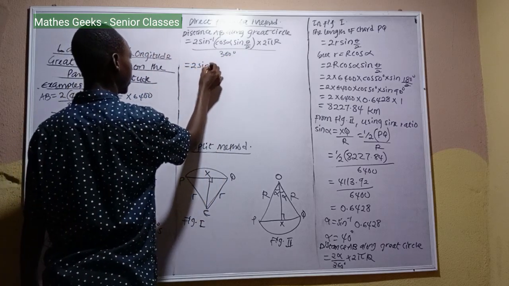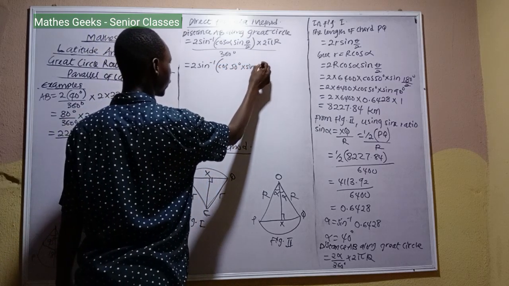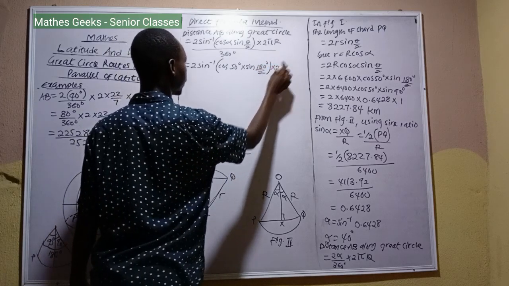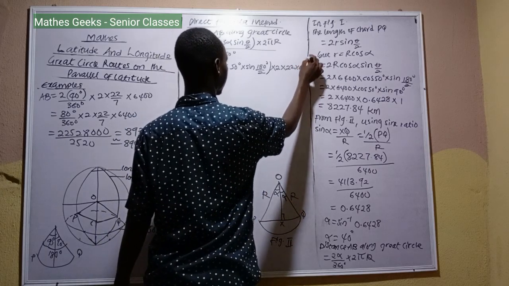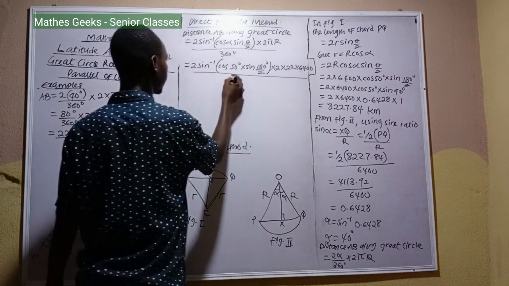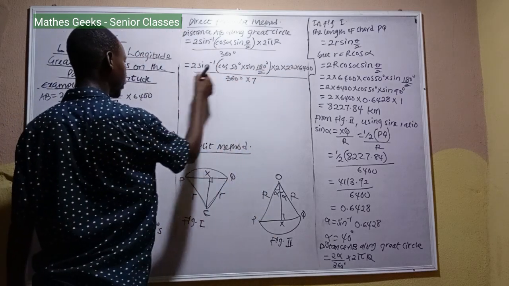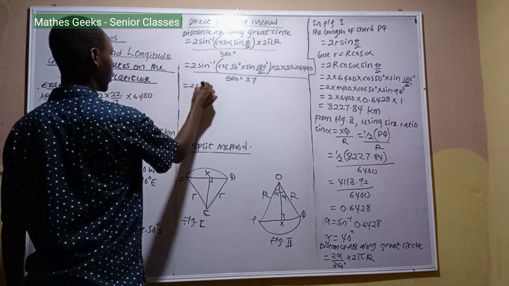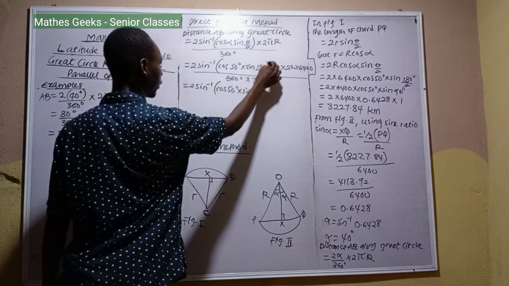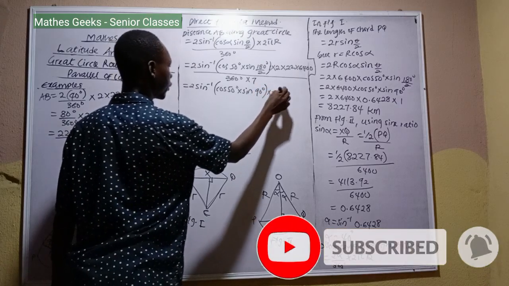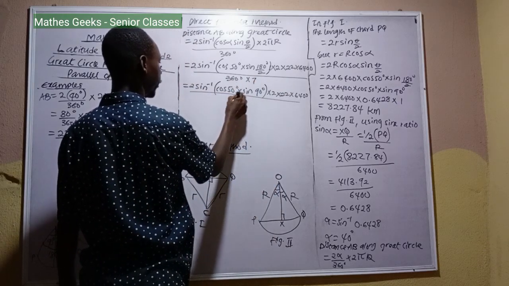So 2 arcsine cos 50 degrees times sine 180 degrees over 2, times 2 times 22 times 6,400 over 360 degrees times 7. This 7 is coming from 22 over 7, so 7 is the denominator. That is equal to 2 arcsine cos 50 degrees times sine 180 divided by 2, which gives us 90, sine 90 degrees, times 2 times 22 times 6,400 divided by 360 times 7, which gives 2520.